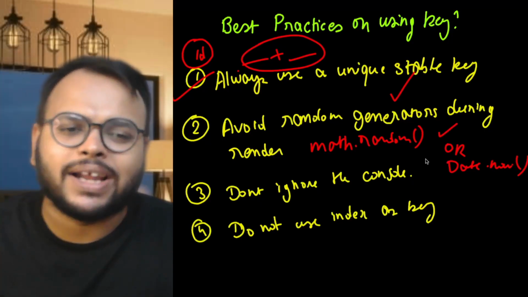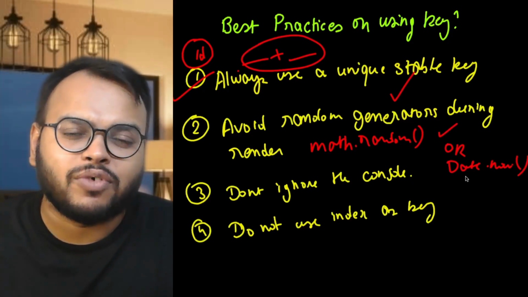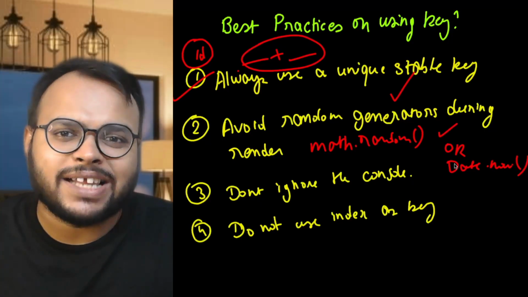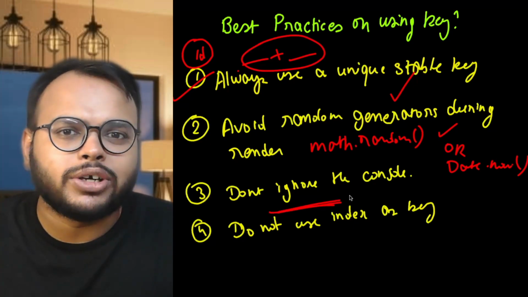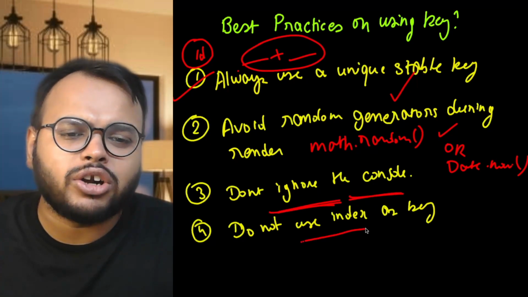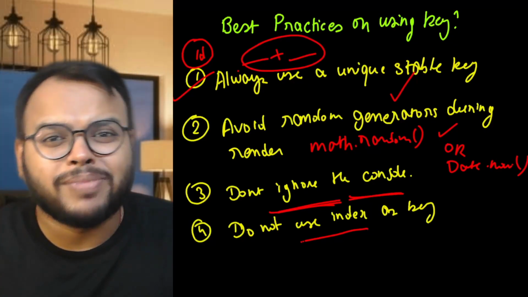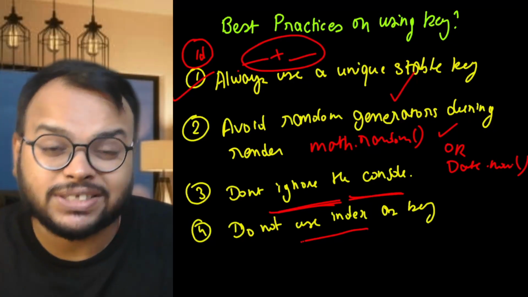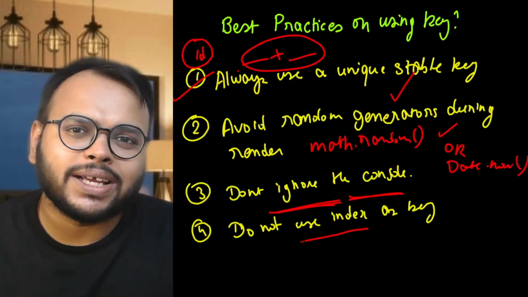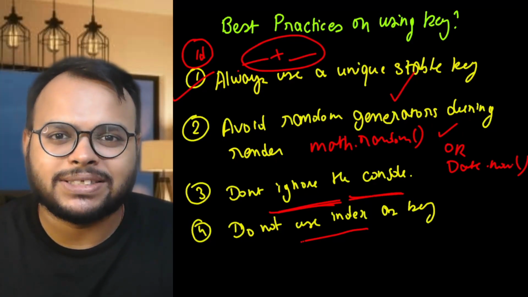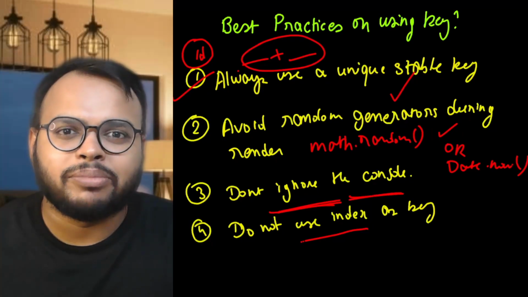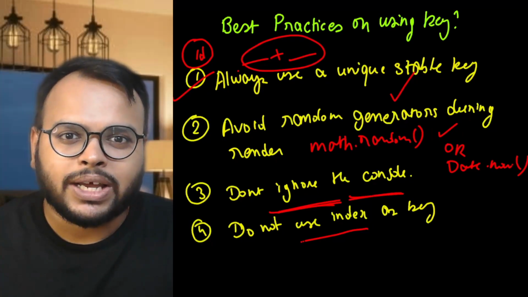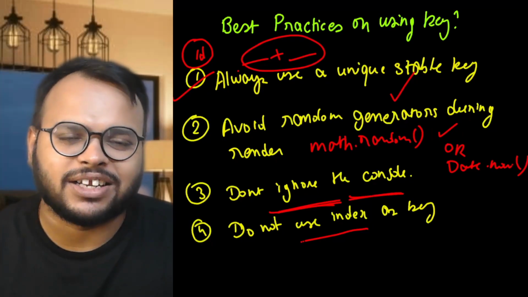These can provide satisfactory results for smaller data, but in actual production-grade code, this will surely give some problems. Don't ignore the console and do not use the index as the key. You might use the index as a key for a static list, but in most cases, as business requirements change, you never know what is static today can become dynamic tomorrow, and you will face problems restructuring everything.